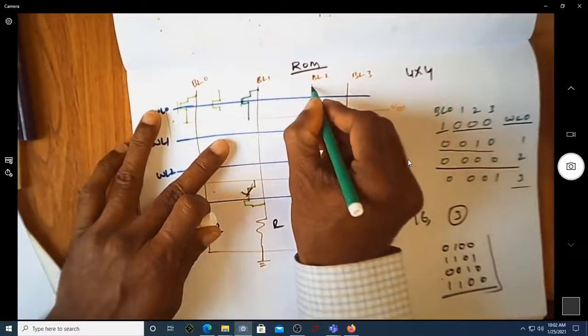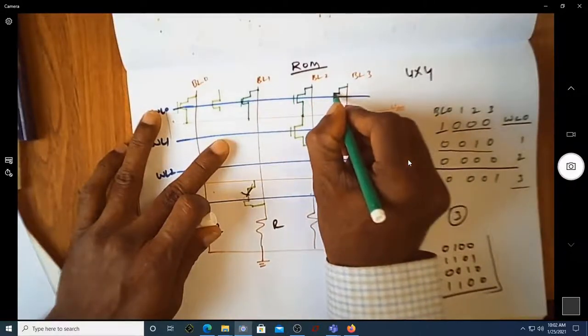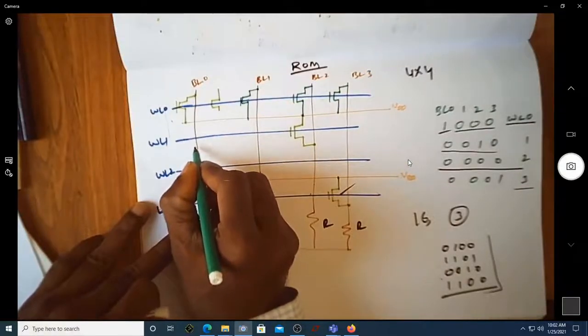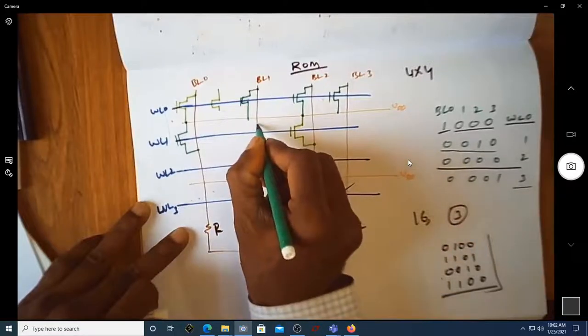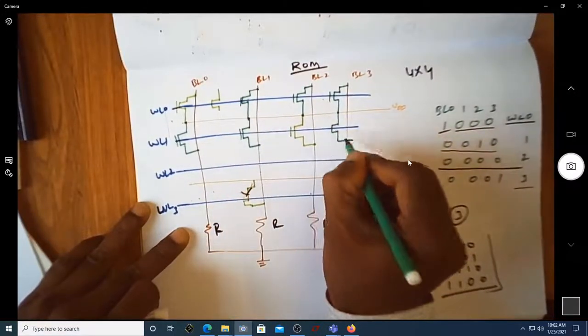So there is one more transistor here. You can see I'm having a transistor for each and every configuration. This is what I'm going to have now, and let me have it for this also.